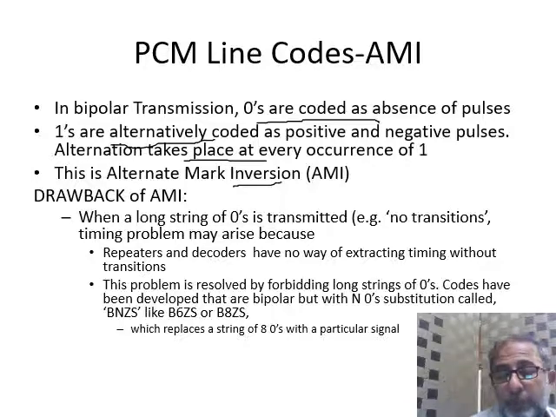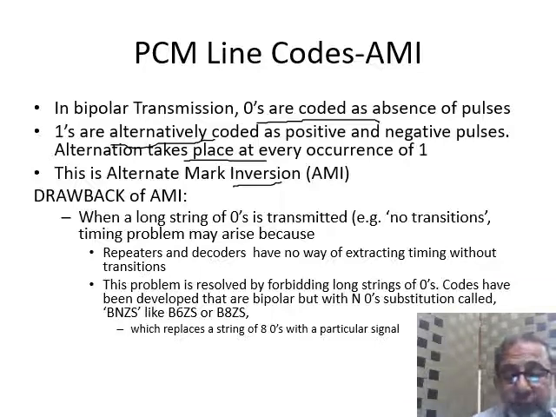What is the drawback in it? When a long string of zeros is transmitted, that is, no transitions, the timing problem may arise because the repeaters and decoders have no way of extracting timing without transitions. As we have already discussed, the timing is extracted when we go from 0 to 1 or 1 to 0.